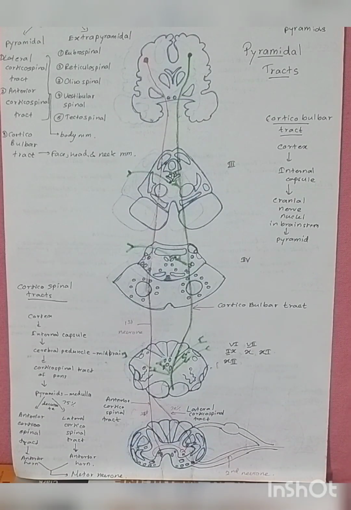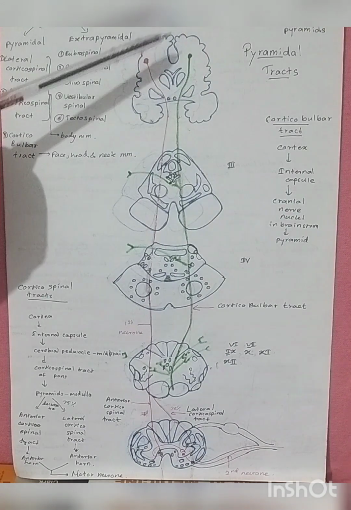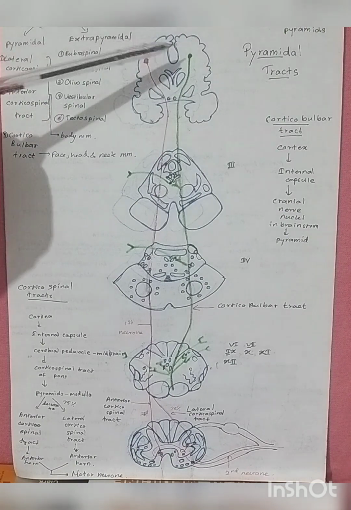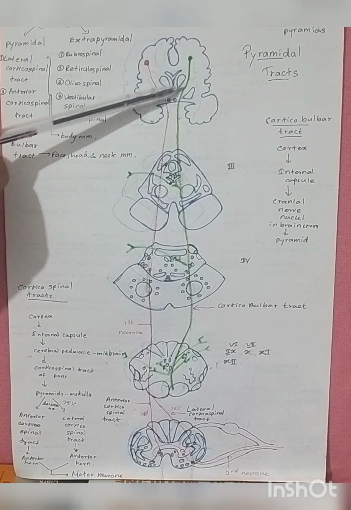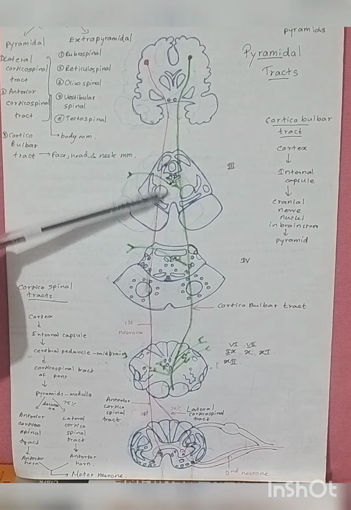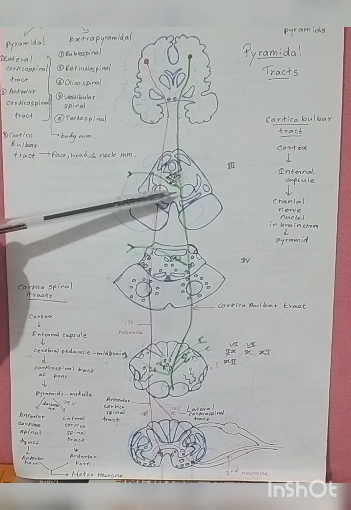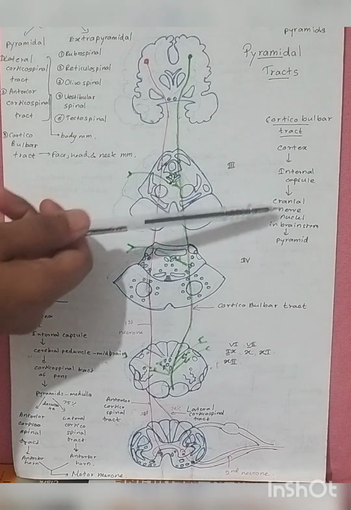The next pyramidal tract is the corticobulbar tract. So that one I have drawn here in green color. This one also starts from the cerebral cortex and passes through the internal capsule of the cortex and then descends towards the midbrain. From the midbrain onwards, in each part of the brainstem, it gives nerve fibers to the cranial nerve nuclei.